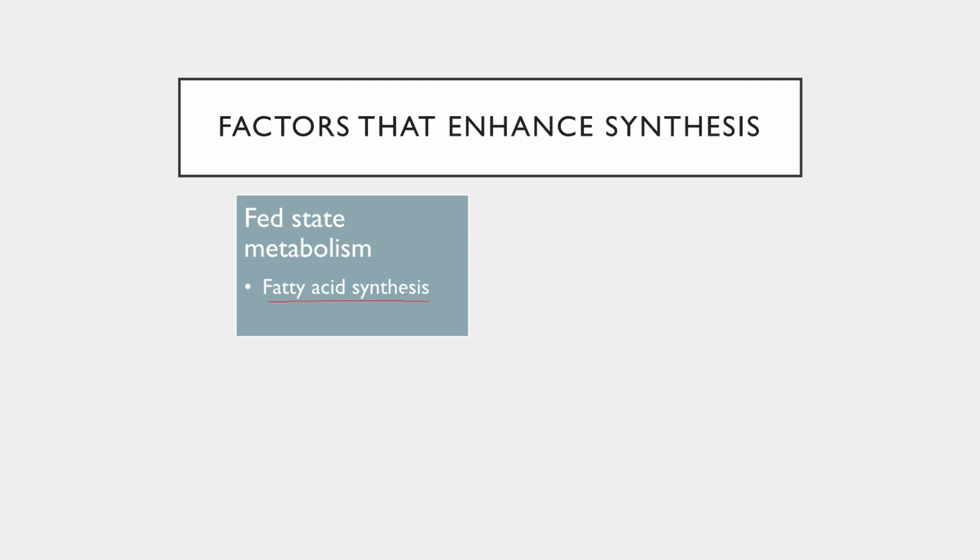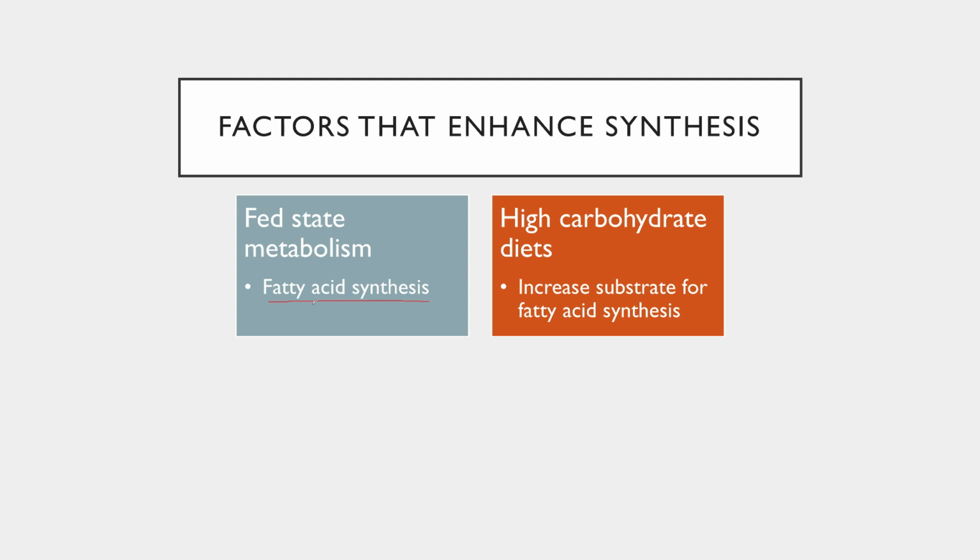So we're synthesizing fatty acids, which are subsequently esterified into triacylglycerols. Next, diets high in carbohydrates will increase our substrates for fatty acid synthesis. Again, excess carbohydrate can be stored as glycogen or used to synthesize fatty acids.